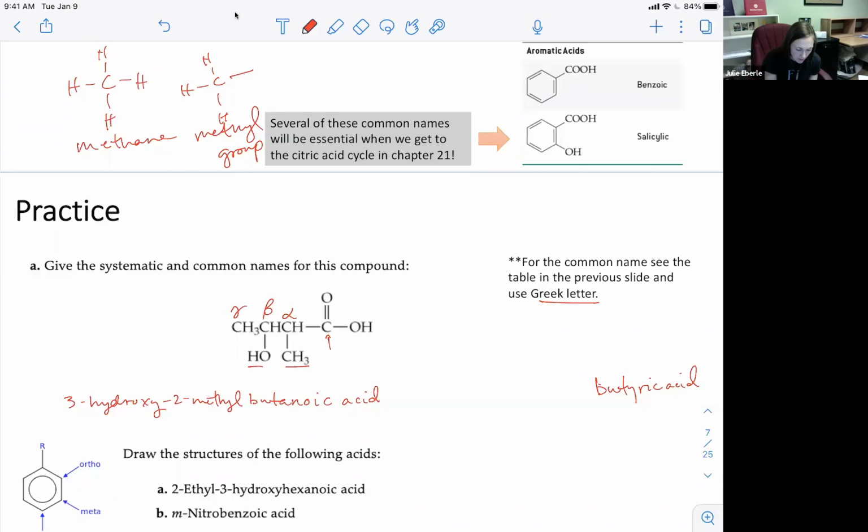So instead of 3 and 2, we'll just say it's beta hydroxy, and then alpha methyl butyric acid. Okay.